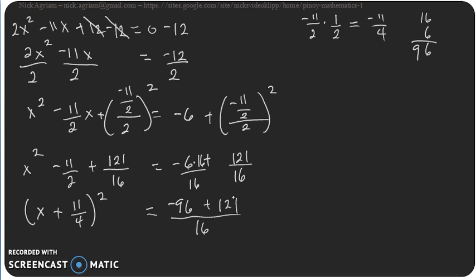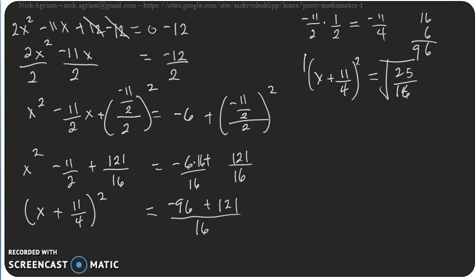What will be 121 minus 96? It's 25. So we have x plus 11/4 squared is equal to 25/16.